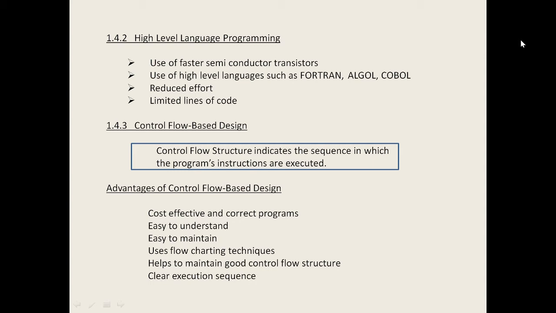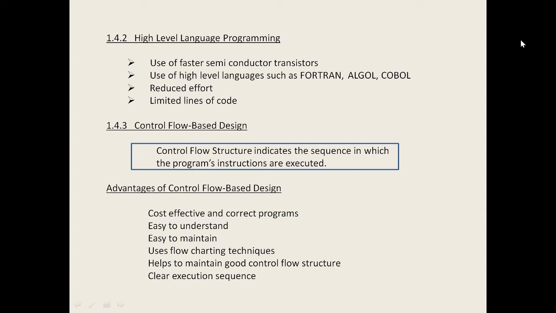And by this time, high level languages such as Fortran, Algol, and COBOL were also introduced. So there was an increase in the power of hardware, as well as more high level languages being discovered.